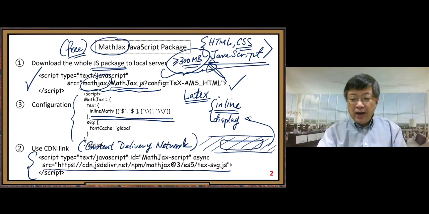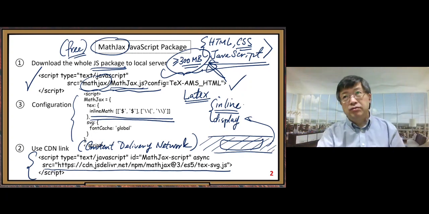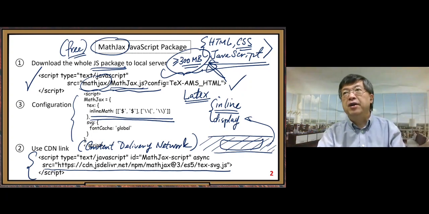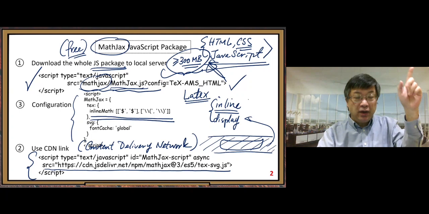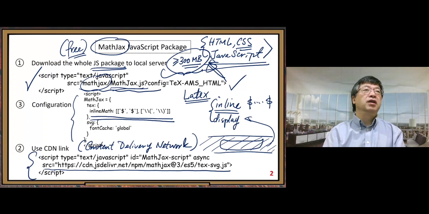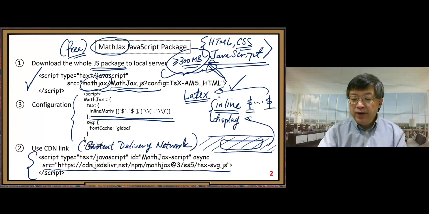For the inline way, you need special symbols to tell the translator how to find the math formula. In LaTeX, the standard symbol is a pair of dollar signs: your formula starts with a dollar sign and ends with a dollar sign. That's the standard way in LaTeX. But in web pages, this way is not very convenient.